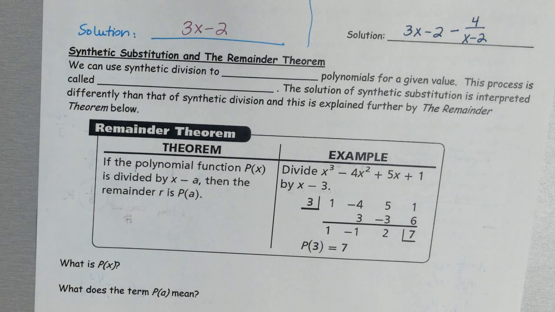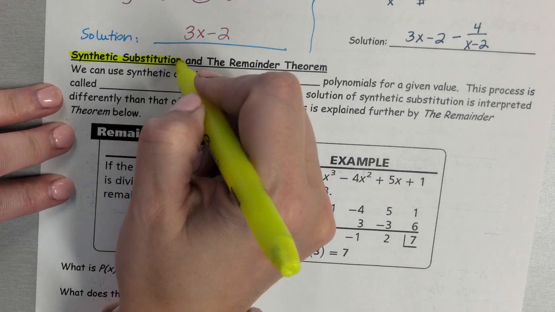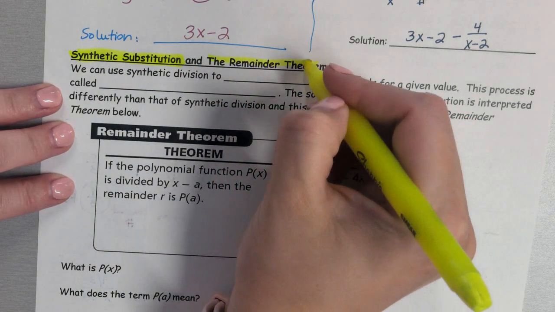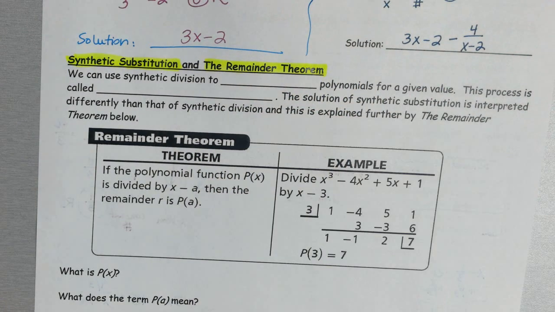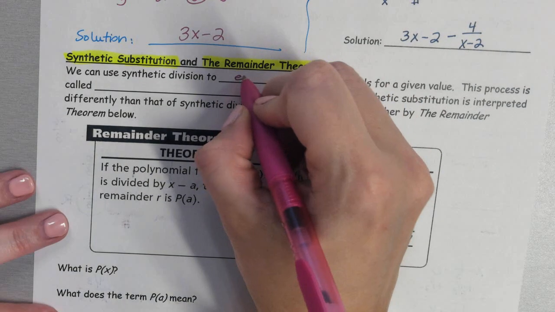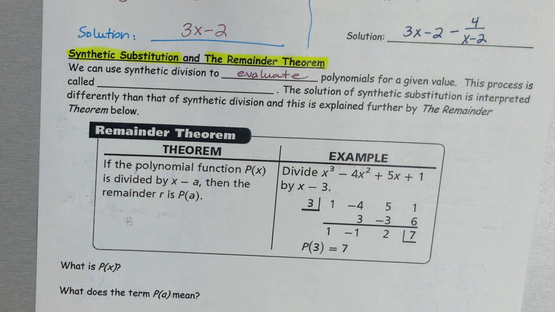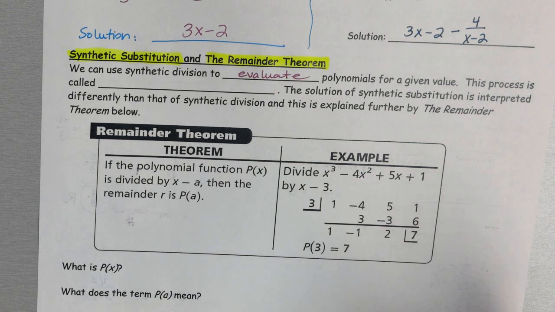All right, now we're going to talk about synthetic substitution and the remainder theorem. So synthetic substitution is very similar to synthetic division, and it also has some important uses here. Okay, so we can use synthetic division to evaluate polynomials for a given value. Remember, when you're evaluating, you're finding that value, that number.